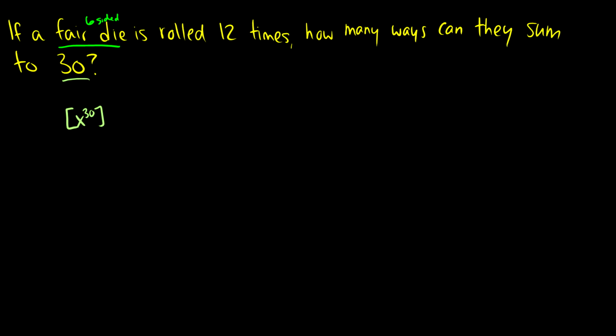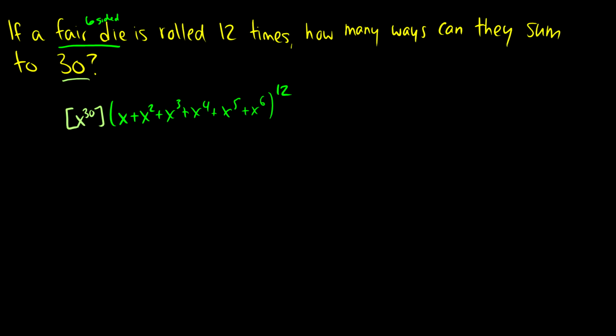So what are the options? The options are going to be 1, 2, 3, 4, 5, and 6. And we roll this 12 times, so we'll pick one of these each time for 12 rolls.